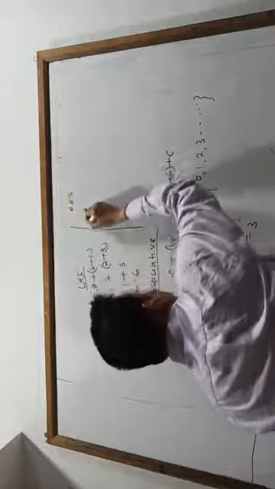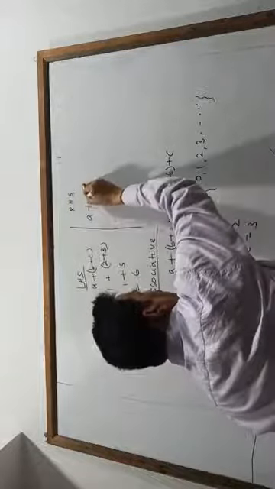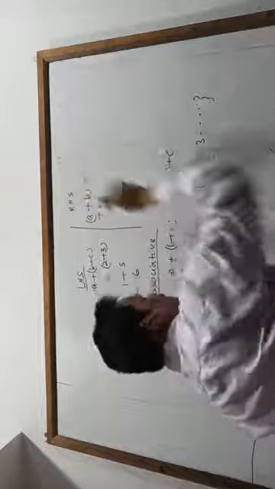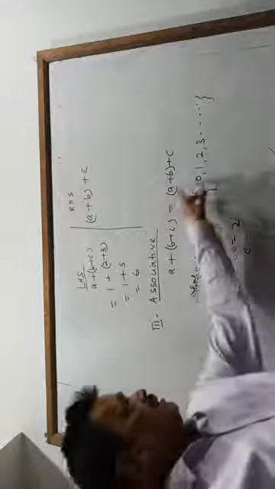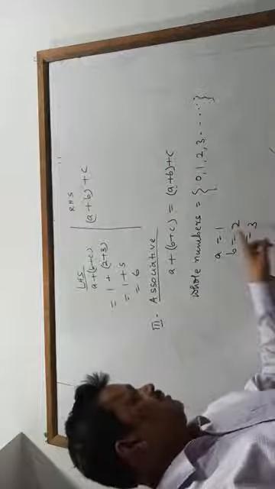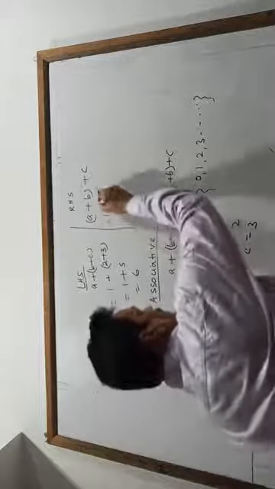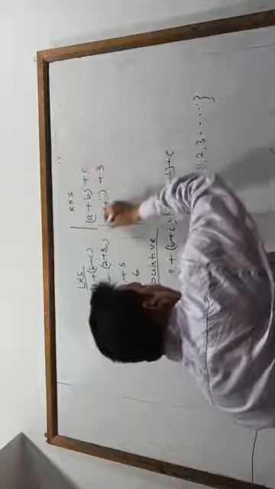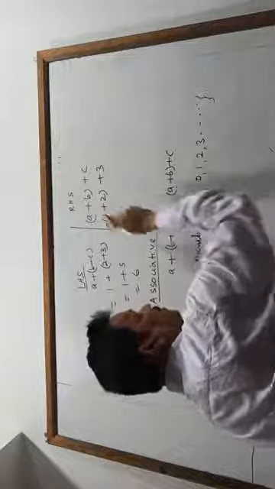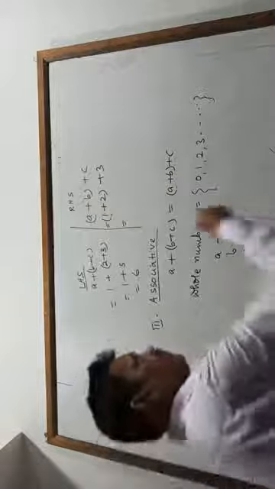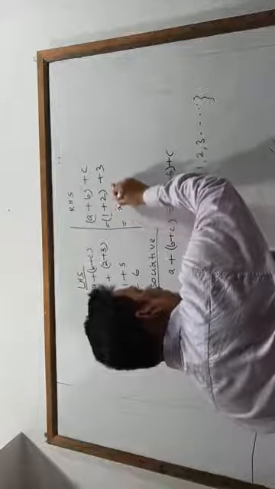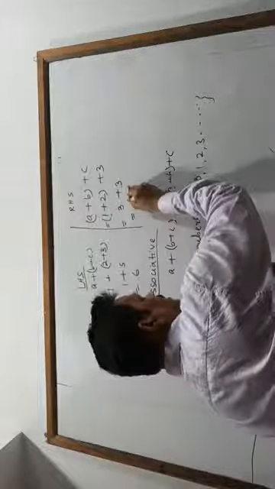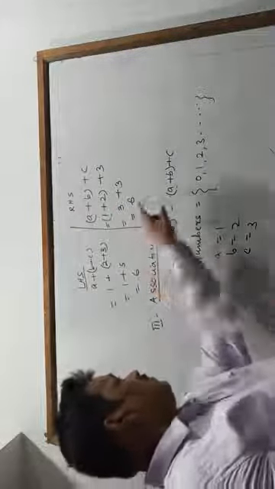Okay, go to right hand side. Right hand side is A plus B plus C. Put the values: 1 plus 2 is 3, plus 3. That is 6, equal.